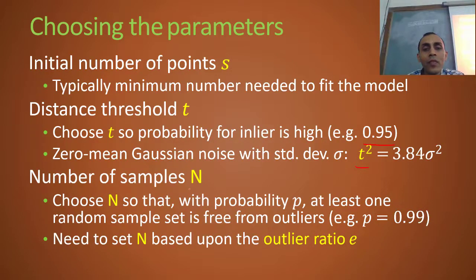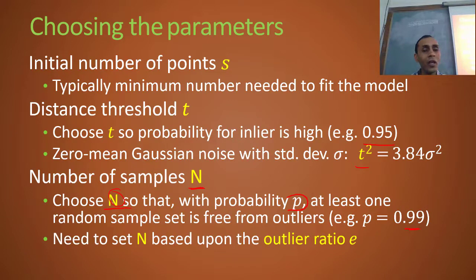But the other thing which is of importance is how to select our number of samples, how many trials that we should do. So we have to choose the number of trials so that we can say with a certain probability p, and we would like that probability p to be very high, let us say 99%, that we will get at least one model which will be free from outliers.